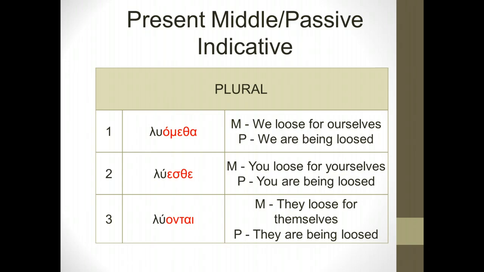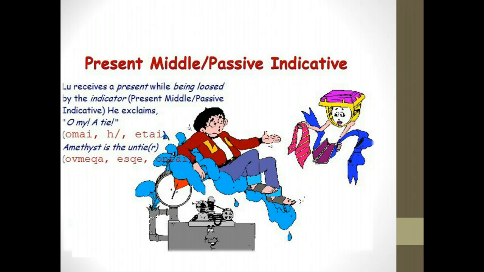Now, you're going to learn all these endings, all right? One thing that you're going to want to look at here is Lou, and he is sitting on the indicator, okay? And he's looking here at this ring that has come down to him, Amethyst, who is there, and she is untying a tie for Lou, and Lou goes, "Oh my, a tie," and Amethyst is the one untying it, okay?